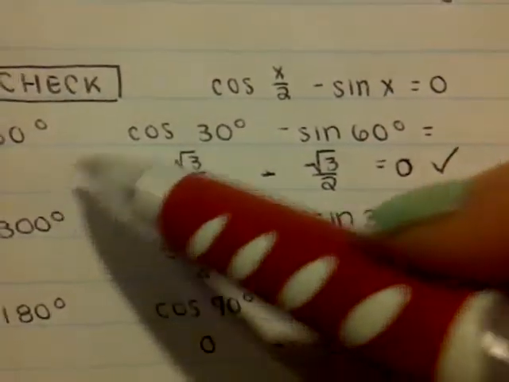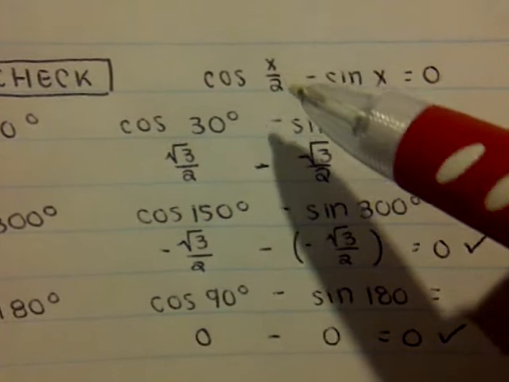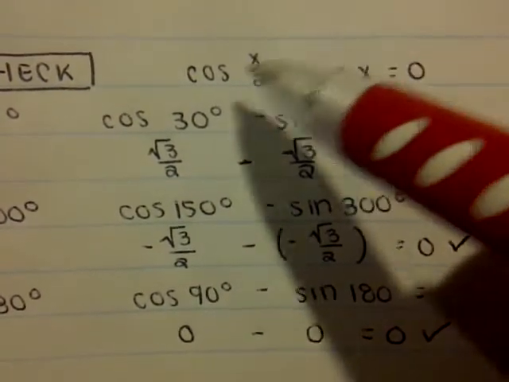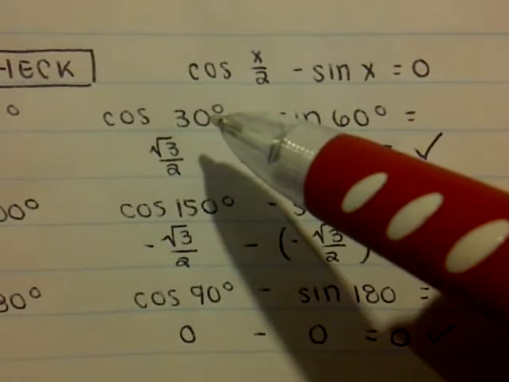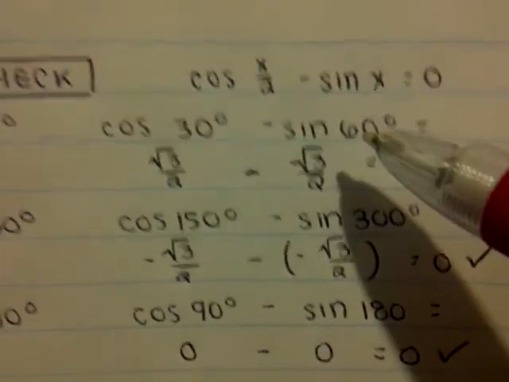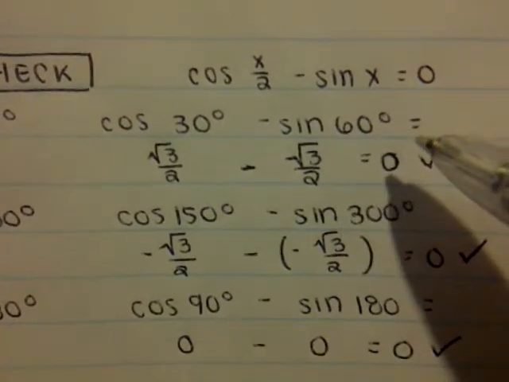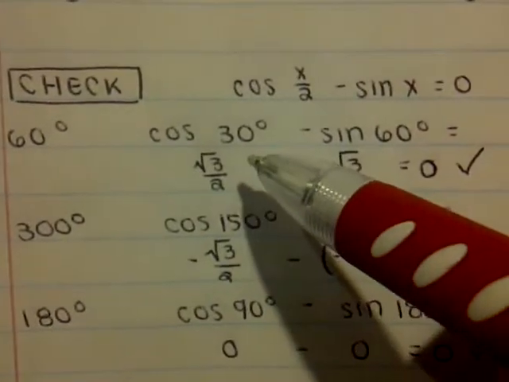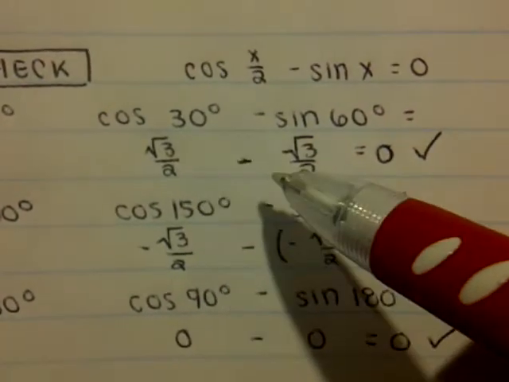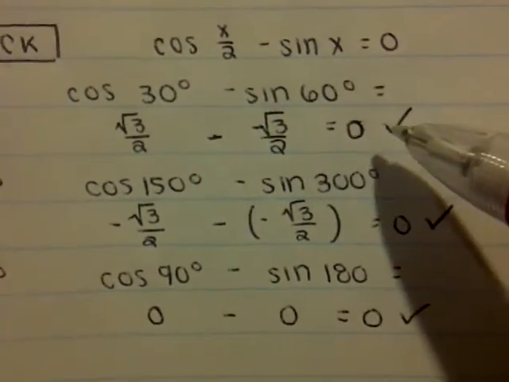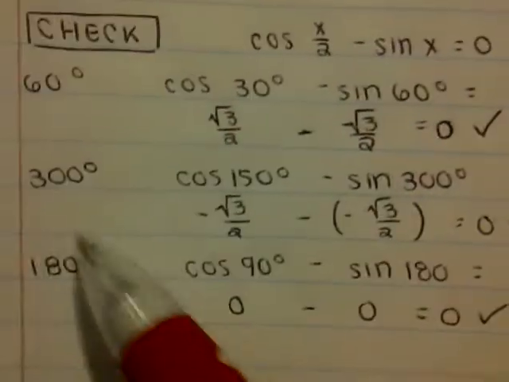So for 60, since 60 is equal to x, when you plug 60 up here and divide it by 2, it's going to be equal to 30. So we write cosine of 30 minus sine 60 is equal to something. So cosine of 30 is radical 3 over 2 minus radical 3 over 2 from the sine 60, and it's a 0, so that works.